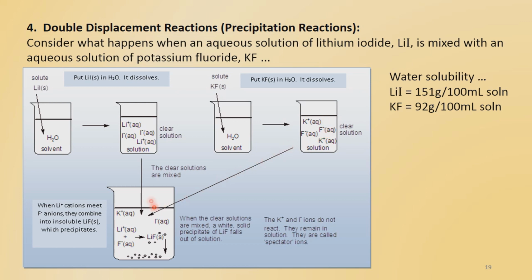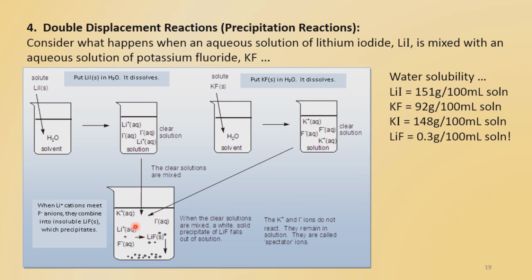But what would happen if we mix these two solutions together? Well, the potassium ions would come in contact with the iodide ions, but potassium iodide is very soluble, 148 grams per 100 mL of solution. But notice that lithium fluoride is not so soluble.